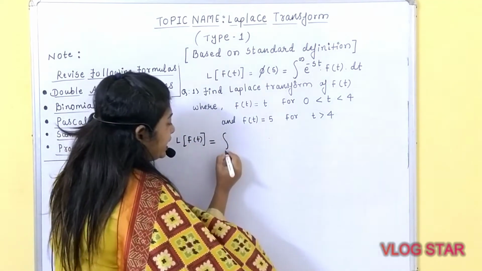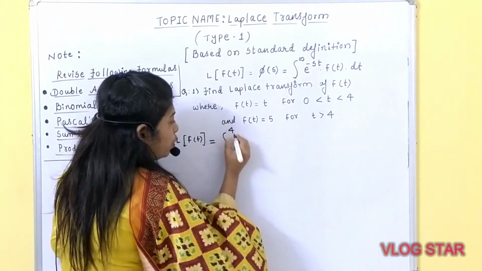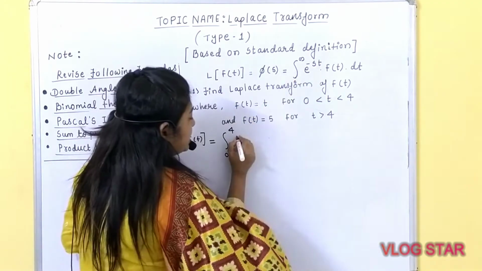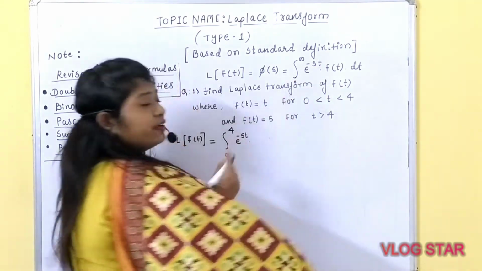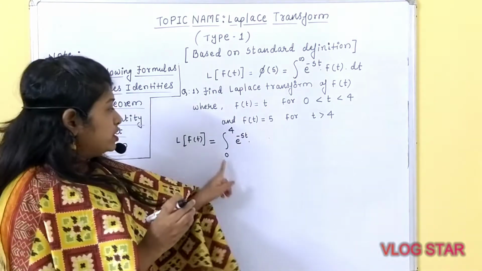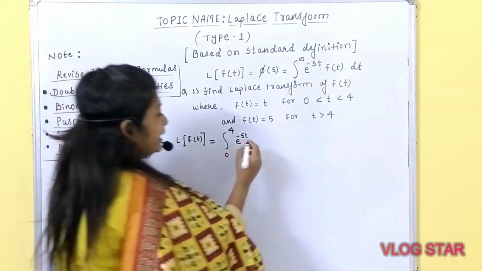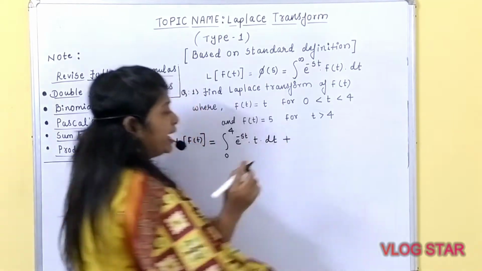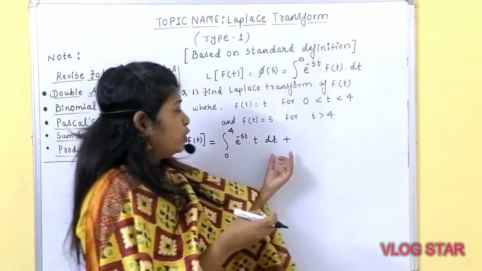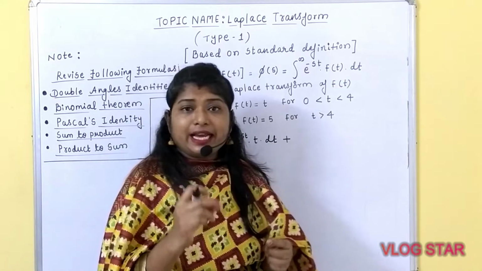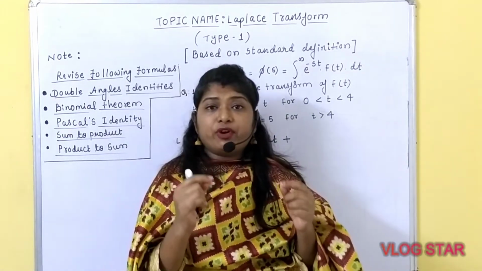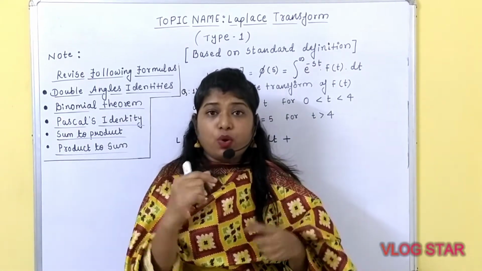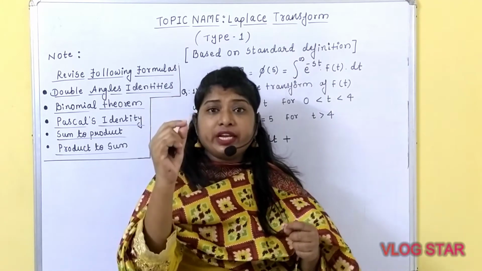to integration 0 to 4 e raised to minus st. What is the function f of t for the 0 to 4 interval? It is t into dt. Plus, why do I need to add this? As I told you, the lower limit for the Laplace transform is 0, the upper limit is infinity.